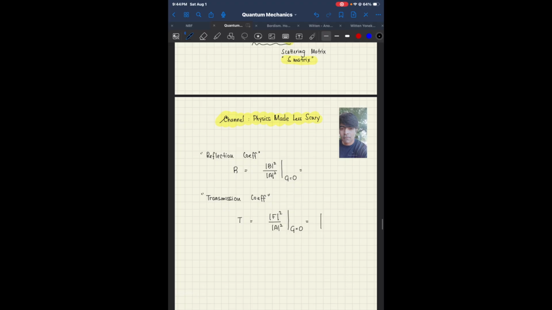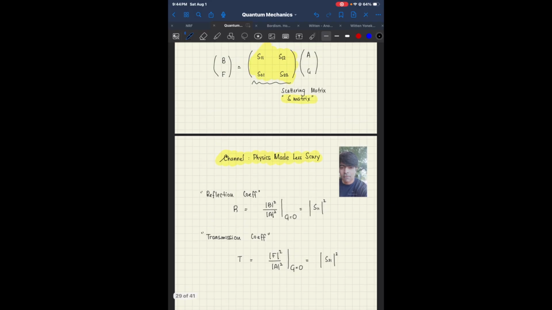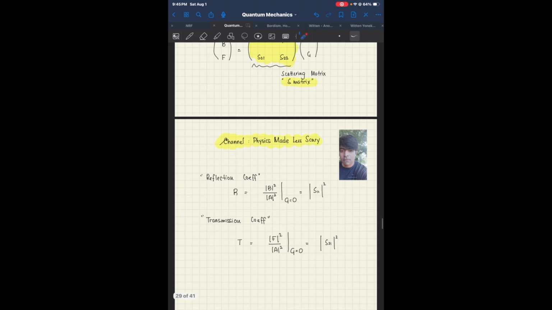No, S21, you're right. Again, mod square, because typically these are all complex numbers. This would be S11 square. So you see immediately if you know the scattering matrix here, you immediately can figure out the reflection coefficient and the transmission coefficient. Okay. Good.